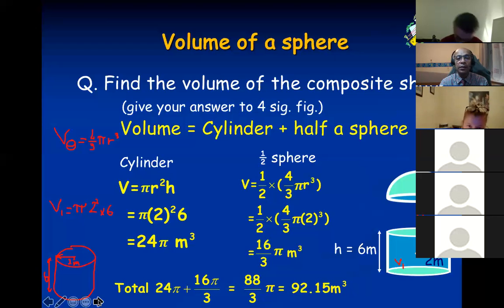So what was the biggest difficulty here would be to find that it's not a full sphere, it's half a sphere. I would say to me that's the bit that was tricky for some, and noticing that if you've got 2 meters here, when you calculate this from the center to the top, you've got a radius again of 2 meters.